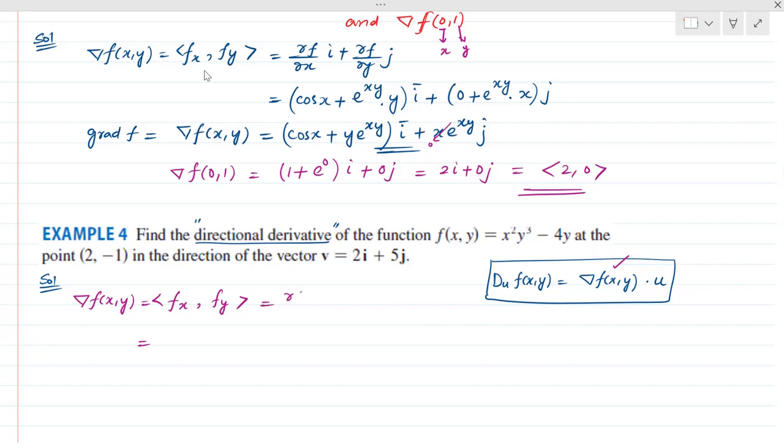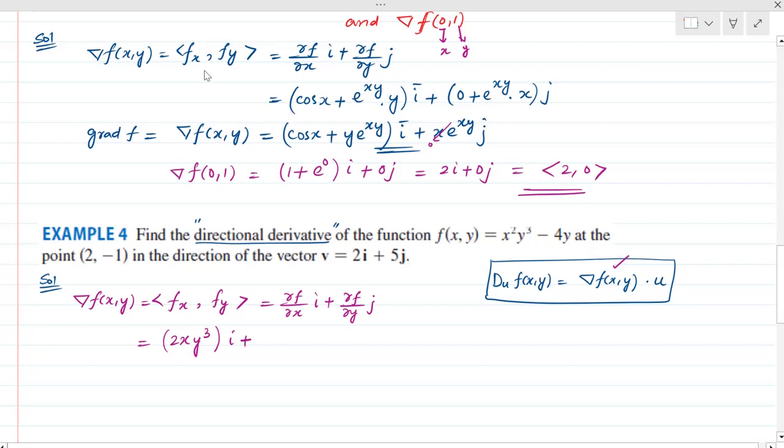Here it is dou f over dou x i vector plus dou f over dou y j vector. Now when you differentiate this partially with respect to x, you get 2xy to the power 3. There is no x term in the second term. Plus, with respect to y, 3x square y square minus 4. So this is the j.